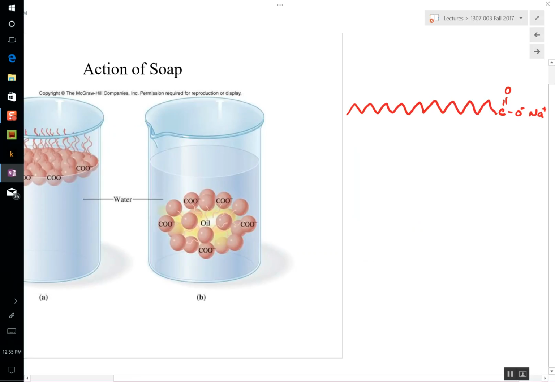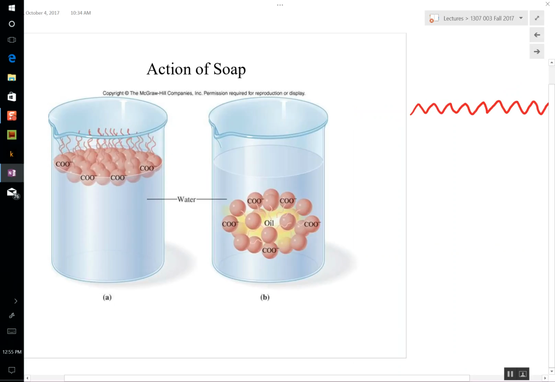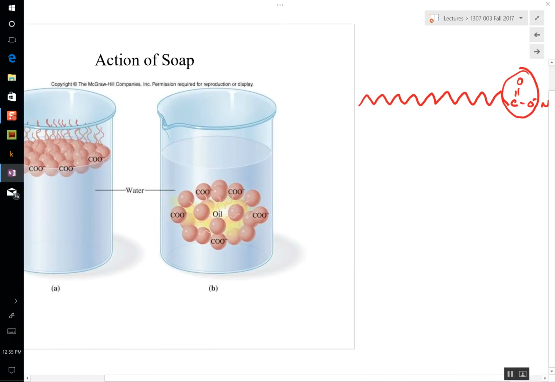You put it in water, the sodium would dissolve off into the water, and you'd have this carboxyl head, which is water soluble, and you'd have this long nonpolar tail, which is not soluble in water. It's hydrophobic. This is hydrophilic.